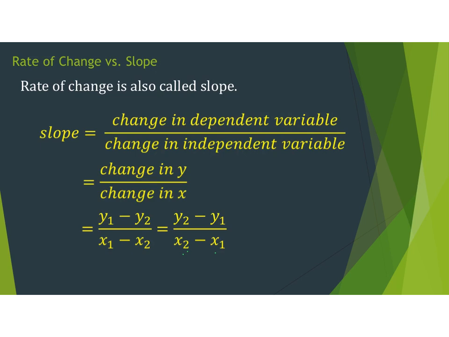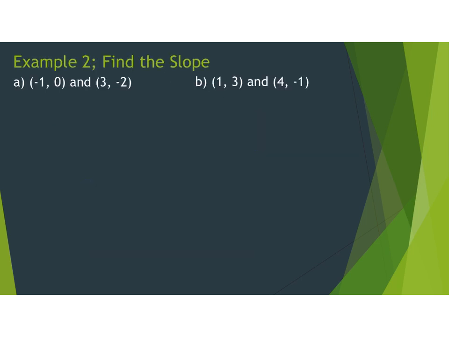It doesn't matter which order as long as the points that are stacked on top of each other are the same point. So we're going to find the slope of these next points.